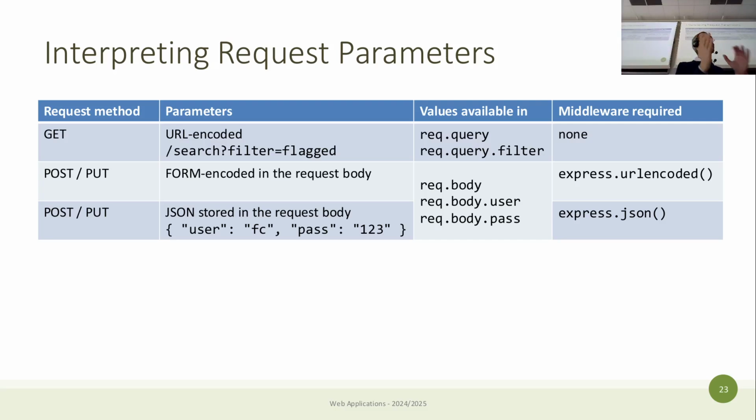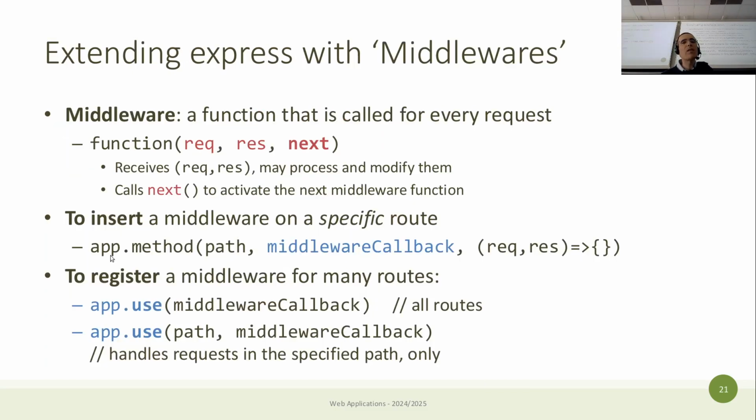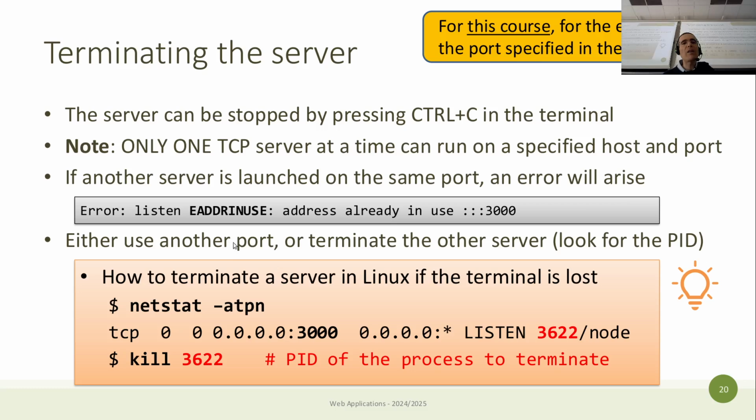And it will be handled by the same callback in your server code, because it's always the same get, and what you map in your server code is the part before the question mark. What is after the question mark will always map on the same get. So where did we have the get? Yes, the method and the path.